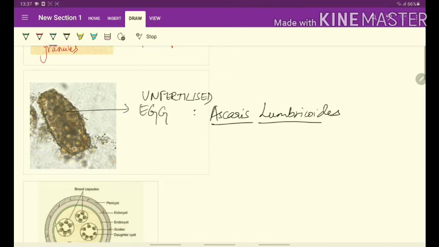This unfertilized egg has an irregular outer membrane, it has a smooth inner membrane, and an atrophied embryo present within it.